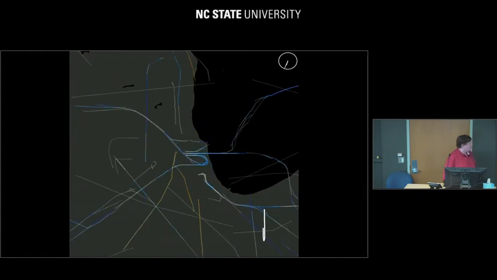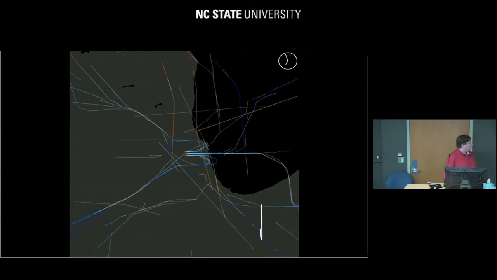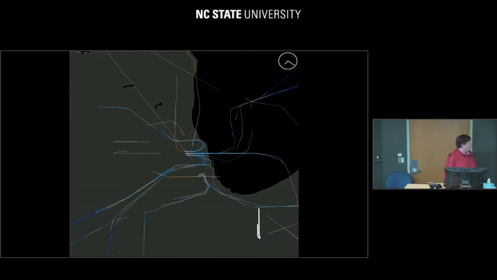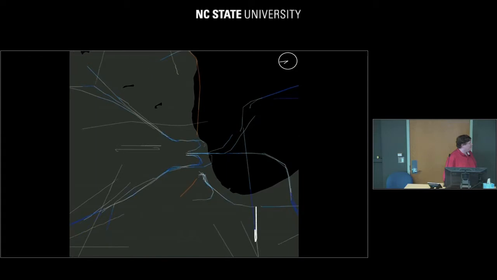There it is. It's a live flight. Aerial photography.